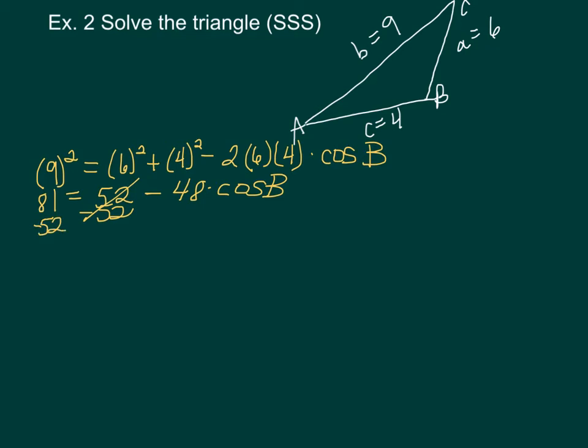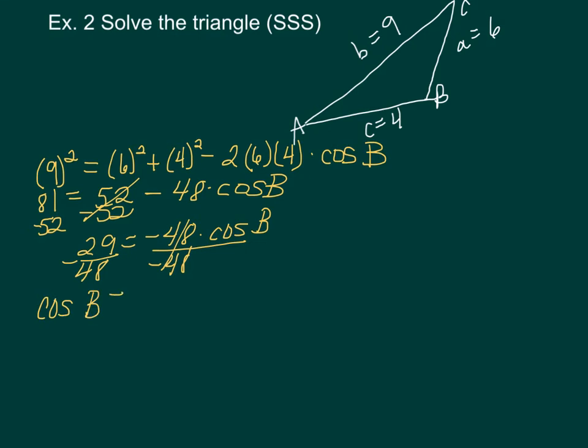And then I'll get negative 29 equals negative 48 times cosine of B. Then I'm going to divide both sides by negative 48. And I'm going to get cosine of B equals, and you're going to get this long decimal.